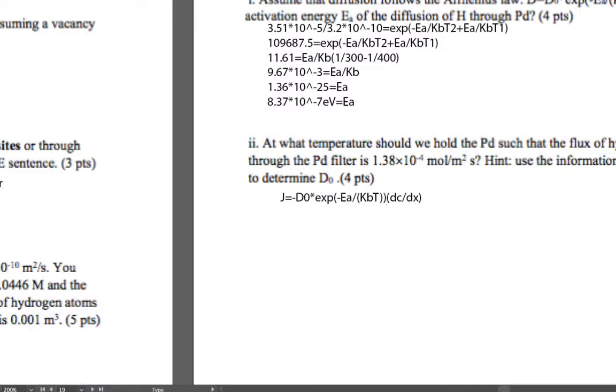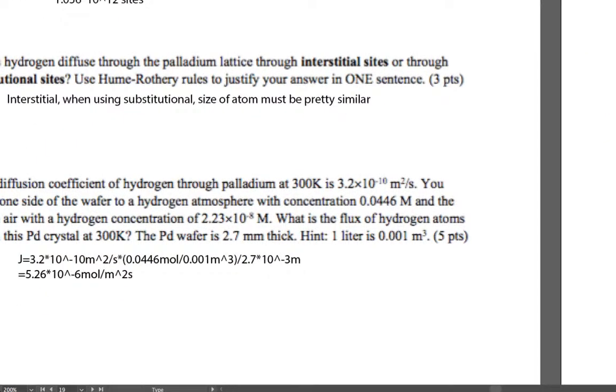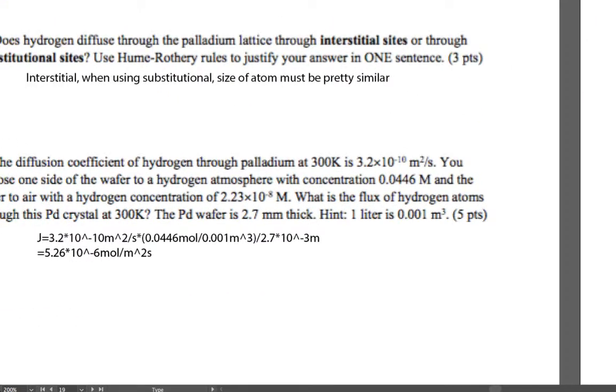And so with this you can actually use all of that information to solve this problem, just by using a little bit of crossing out, because we don't really need to find out what D naught is.